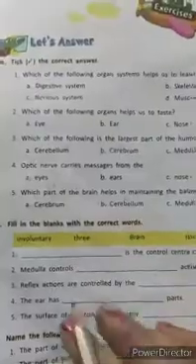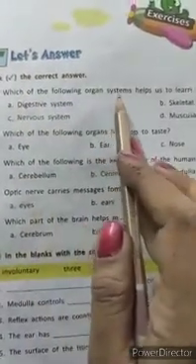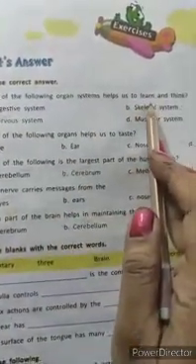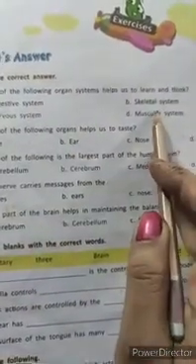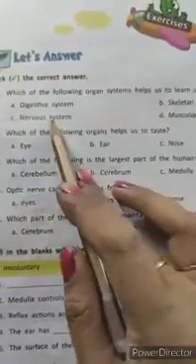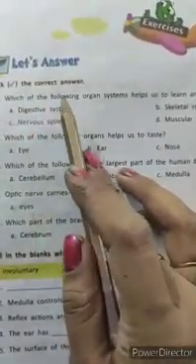Exercises are given on page number 84. Now first exercise is tick the correct answer. First question is, which of the following organ systems helps us to learn and think? Digestive system, skeletal system, muscular system or nervous system. Digestive system is related to digestion of the food we eat.